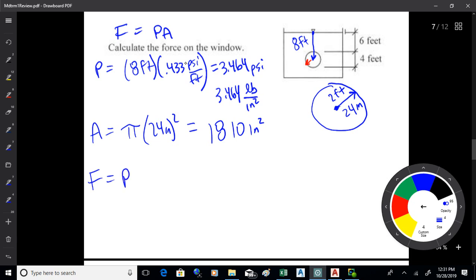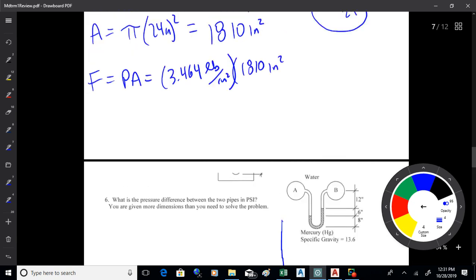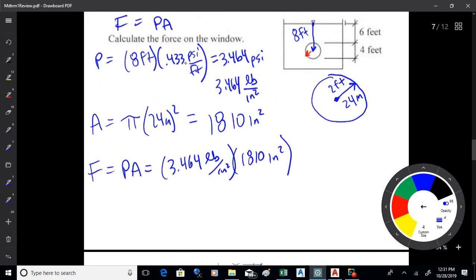You can take the pressure times the area. It's 3.464 pounds per square inch and an area of 1810 square inches. Multiply those together. Should get something on the line of 6268, plus or minus. You see the square inches cancel and you get pounds. So that's the force on the window.